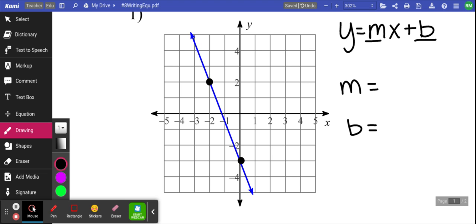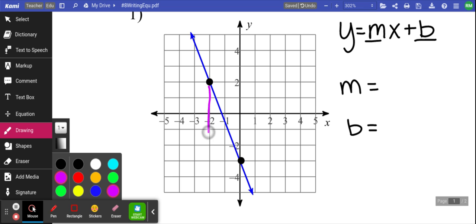So we just practiced our m. Go ahead and see if you can find the slope for this one. Go ahead and find the slope. What is the slope? Maybe you started at this point. If you did, you would have went down 5, and then you would go to the right 2.